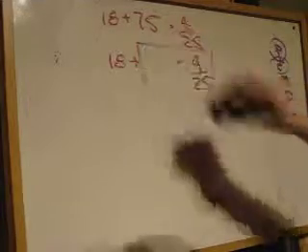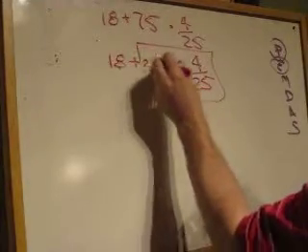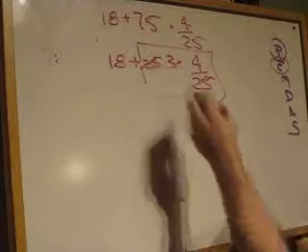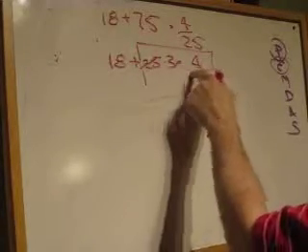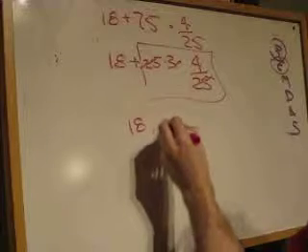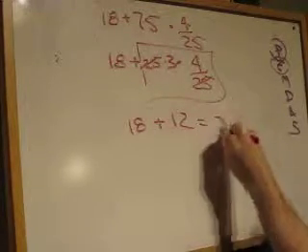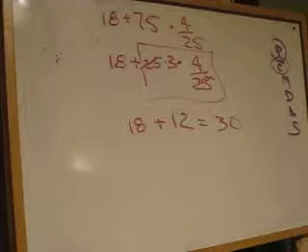So we're going to change that 25 to a 25 times 3 so I can cancel those. So now I have a 3 times 4, so I have 18 plus 12. So I end up with an answer of 30.